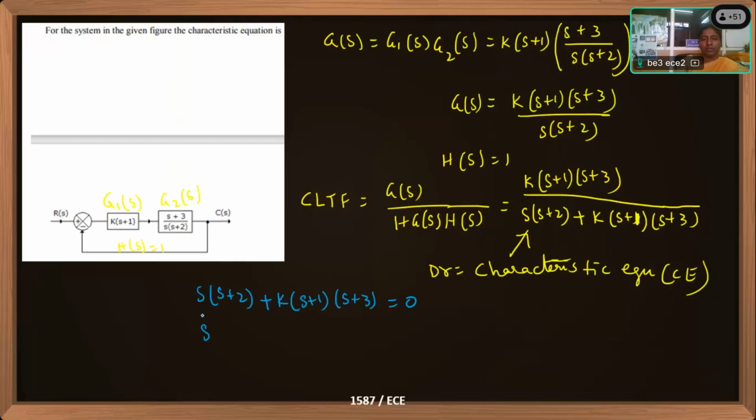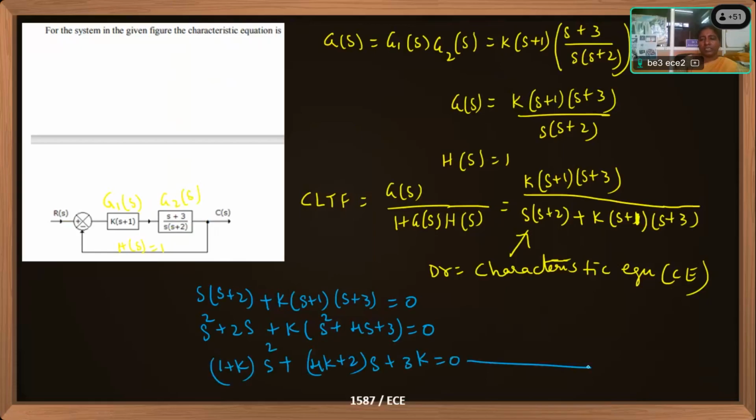Simplify this: S square plus 2S plus K into S square plus 4S plus 3 equal to 0. Now put all similar terms together: 1 plus K into S square, plus 4K plus 2 into S, plus 3K equal to 0. This is the final equation, which is the characteristic equation for the given question.